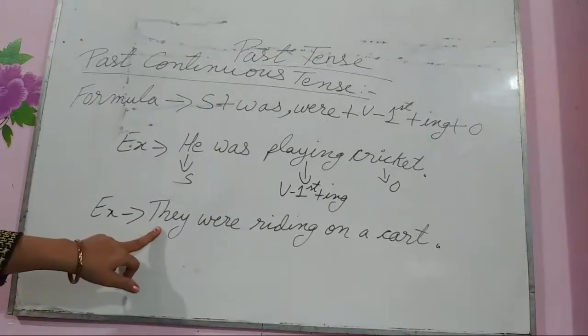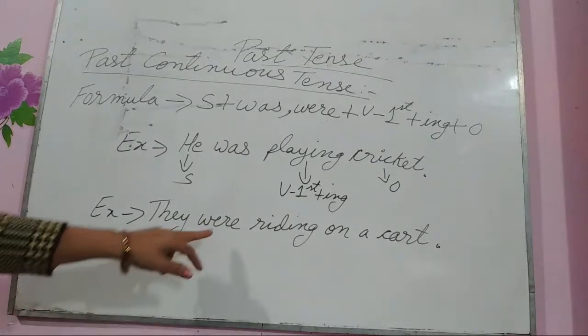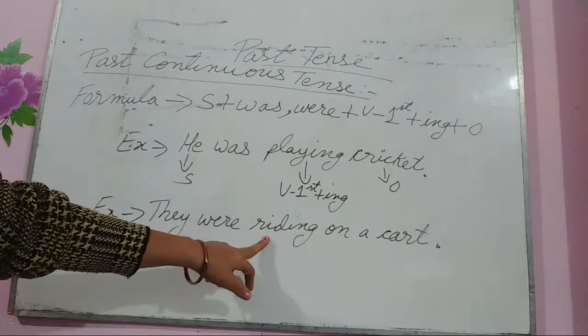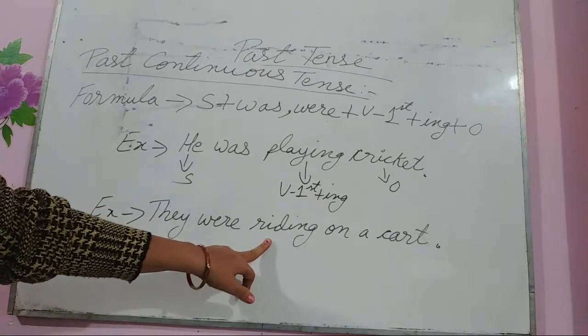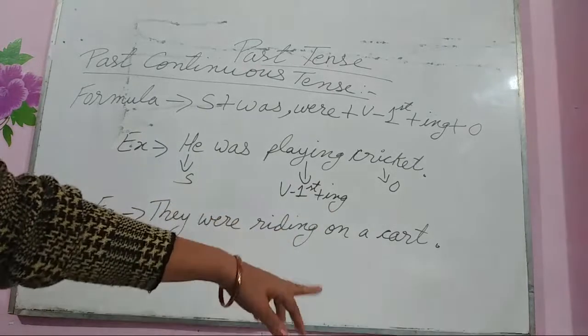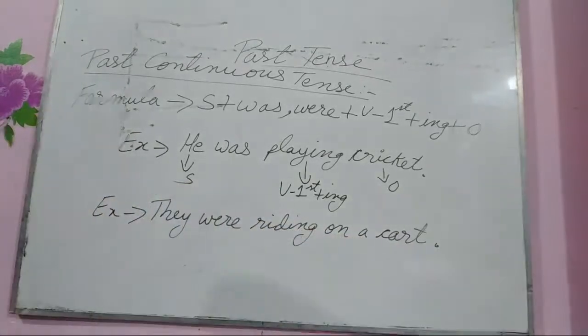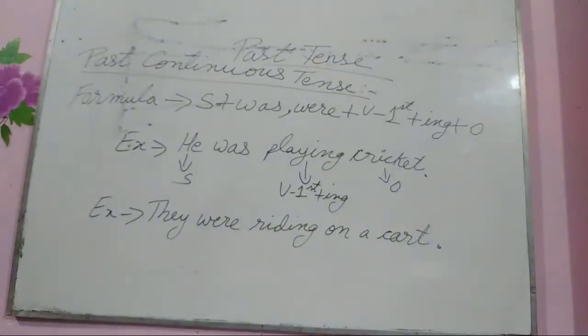Where they is your subject. Were riding is verb first form plus ing, and on a cart. Here your cart is the object. I am repeating the sentences again. He was playing cricket. They were riding on a cart.